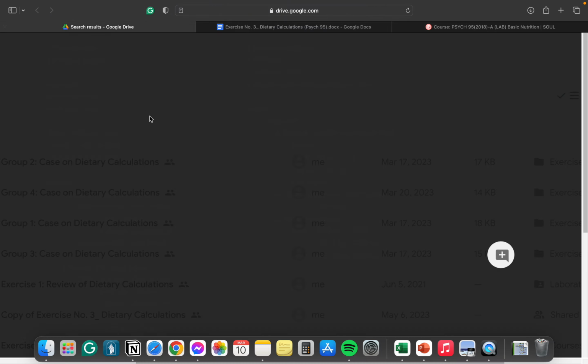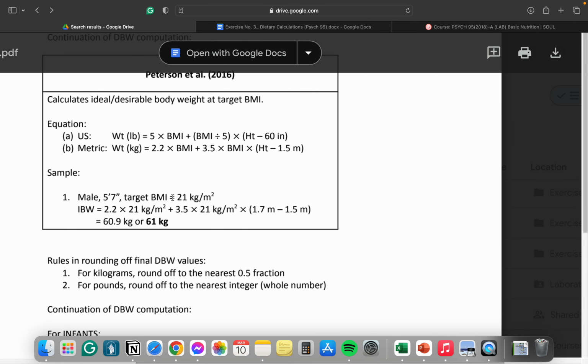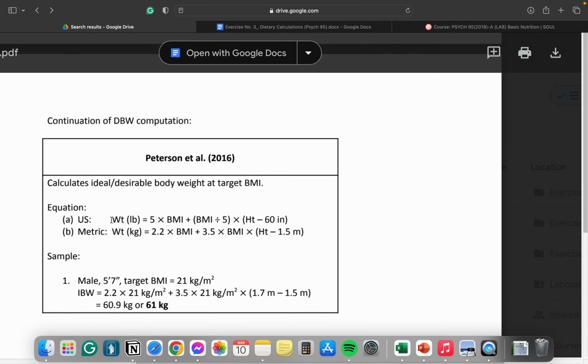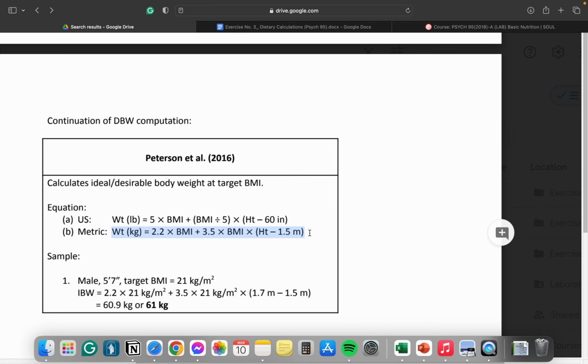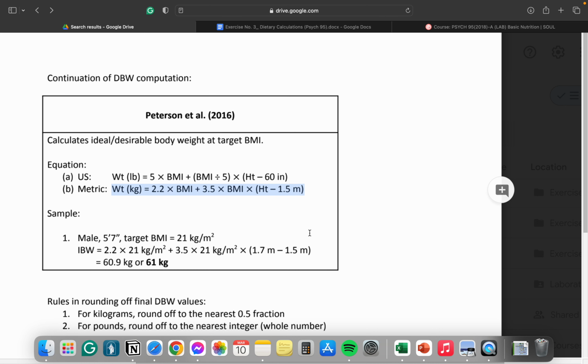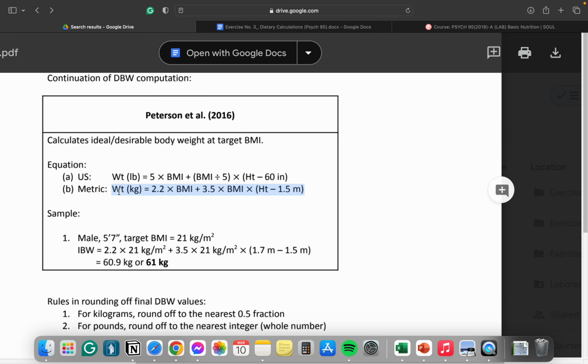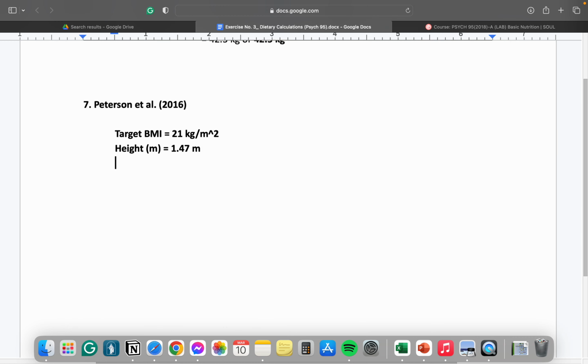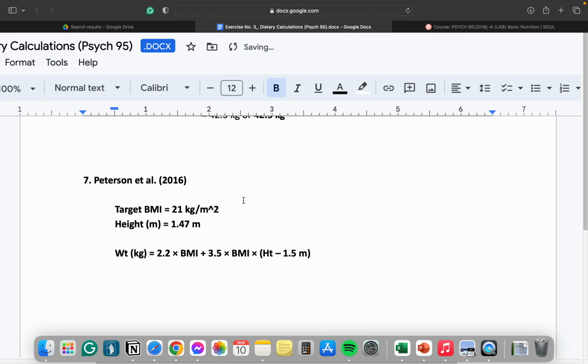So the formula for Peterson et al, we have the US formula, we also have the metric. Again, we are using metric, so we are going to use the second equation. All right. So we are going to copy this, paste that here. As you can see here, 2.2, 3.5, and 1.5 meters are all constants.